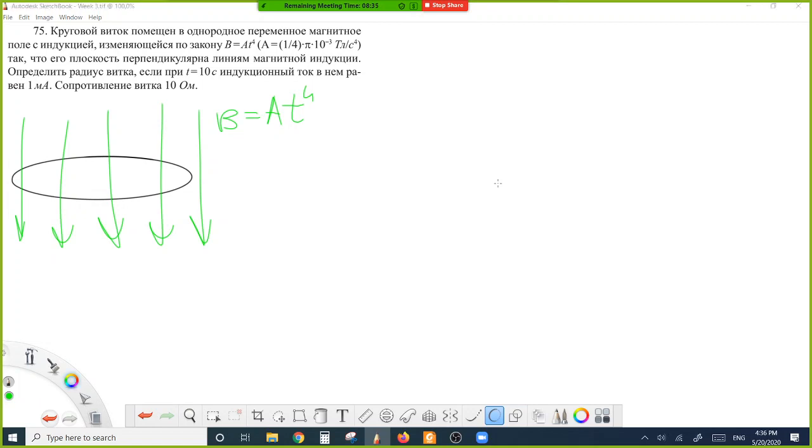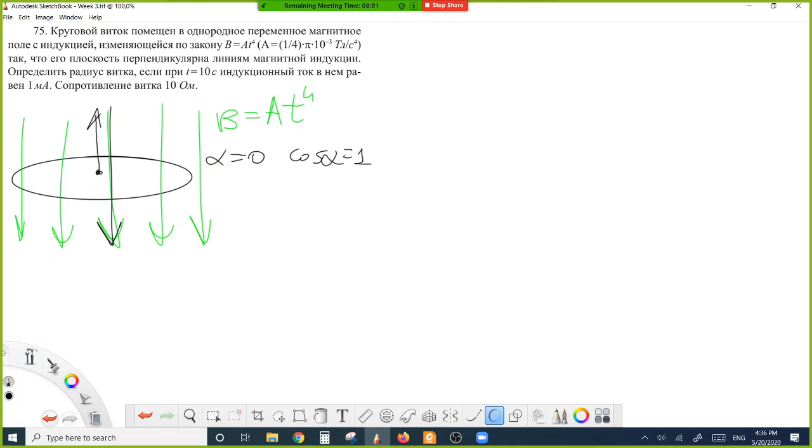Okay, we need to find the normal to the surface of our loop, and the lines of magnetic flux density are parallel. It means the angle between them, alpha, is 0 and cosine alpha is 1.